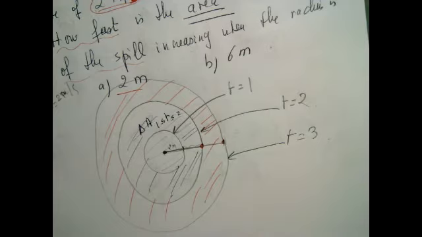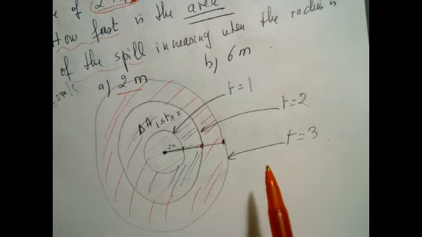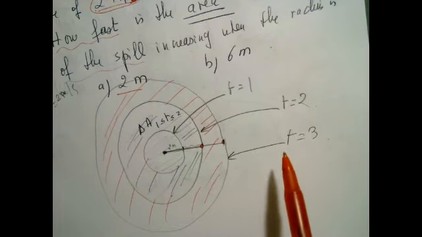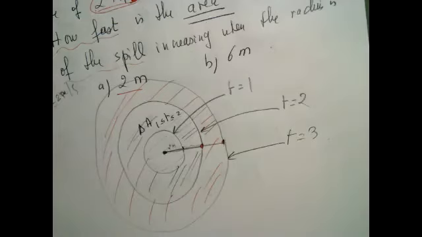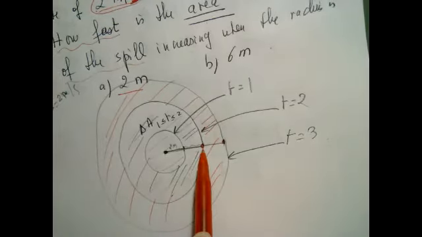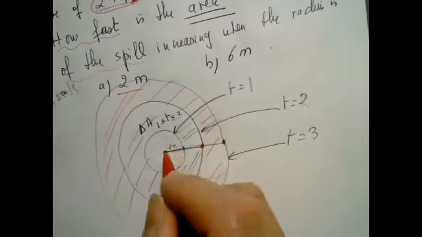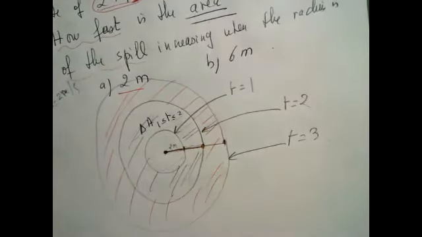My first question I'm going to ask you is the following. Is the area growing at a constant rate? The radius is, because that's given to us. Every second, the radius increases by 2 because it's a constant rate. However, is the area growing at a constant rate?